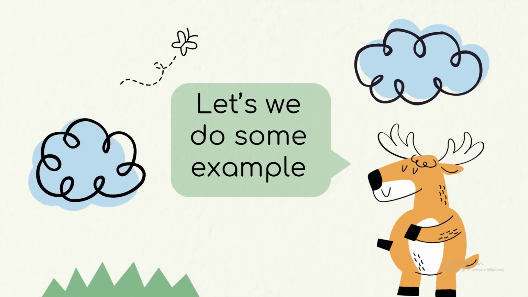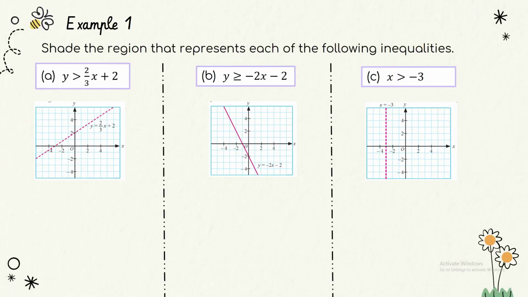Okay, next let's review some examples. Example 1. Shade the region that represents each of the following inequalities. First, A1, y higher than 2/3 x plus 2. From the graph, the straight line is already drawn for you.